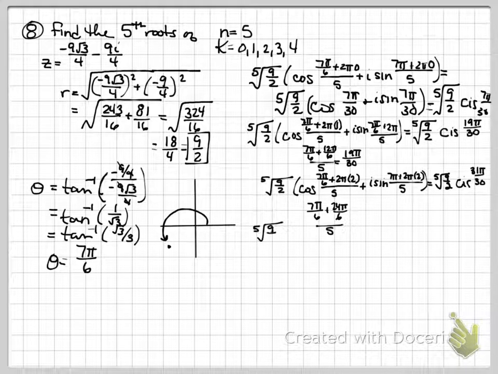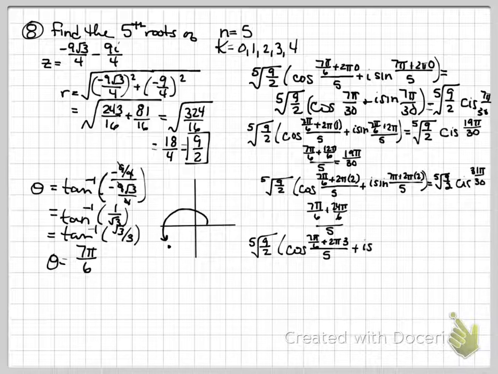5th root of 9 over 2, and I drew that a little too high, so let me just write it a little bit lower. Times the cosine of 7 pi over 6 plus 2 pi times 3 over 5, plus I sine 7 pi over 6 plus 2 pi times, excuse me, times 3 over 5.